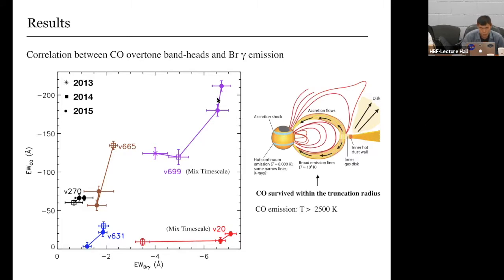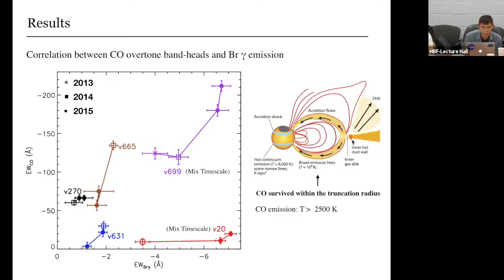But we still see a very strong correlation between the CO emission and Brackett gamma emission on timescales of days, which means that CO emission is possibly located very close to the star, along with the Brackett gamma emission. CO can survive within the truncation radius, within the inner edge of the disk. It's quite fun to find out.